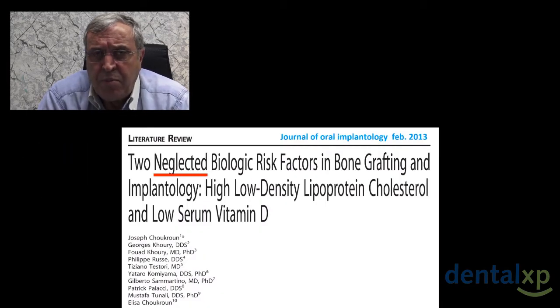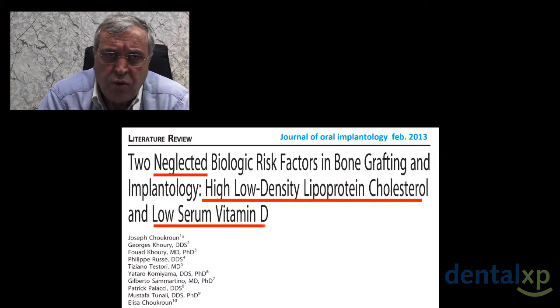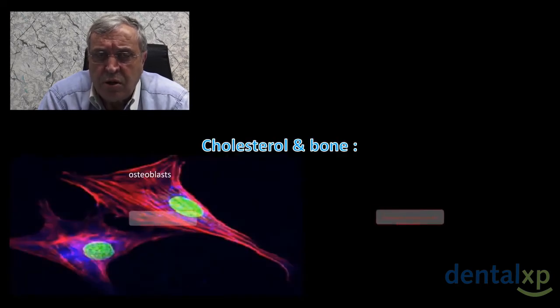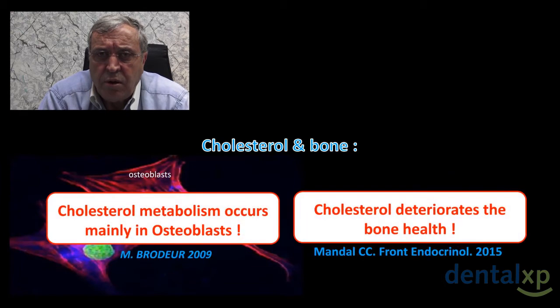We published this paper with my friends Fouad Kourib, Tiziano Testori, and Komiyama from Japan, to inform the dentists that they neglect too often the cholesterol and the vitamin D before the surgery, because cholesterol deteriorates the bone health.